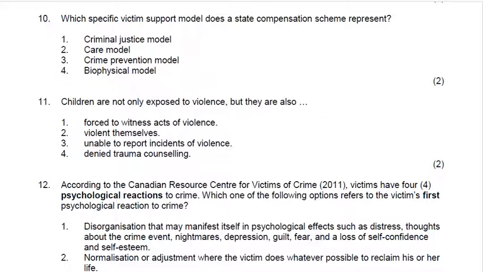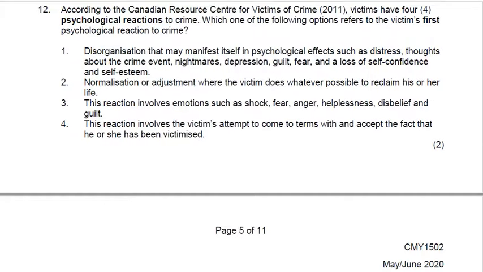Question 11. Children are not only exposed to violence, but they are also, the answer is 1, which is forced to witness acts of violence. That is found on page 49 of our study guide. Question 12. According to the Canadian Resource Center for Victims of Crime, victims have 4 psychological reactions to crime.